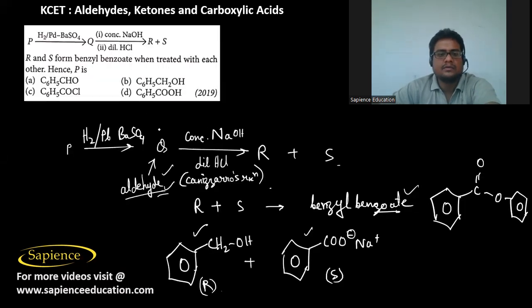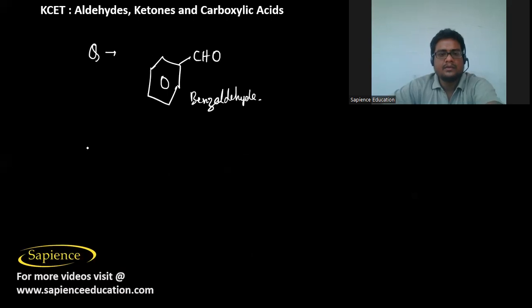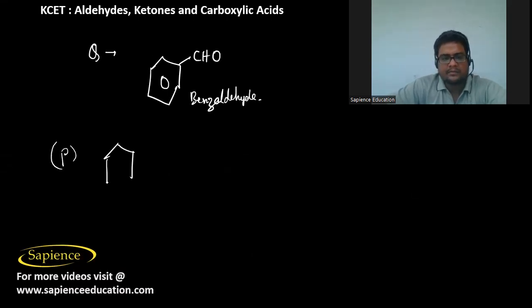And it is formed from the reagent P. So the reagent P should be PhCOCl. Why?